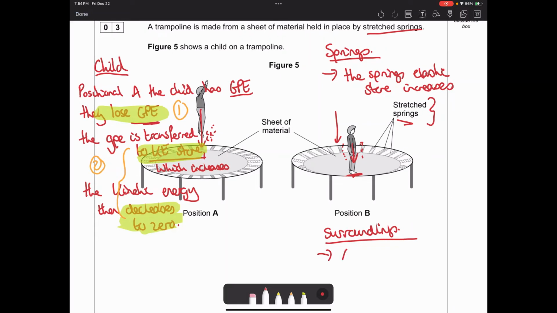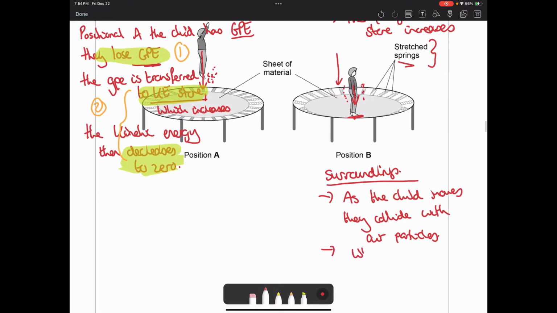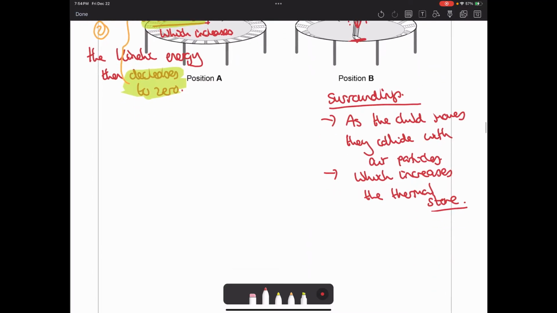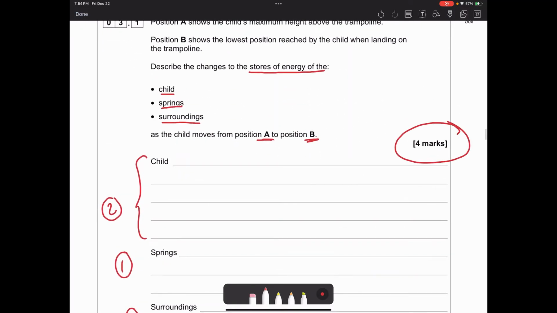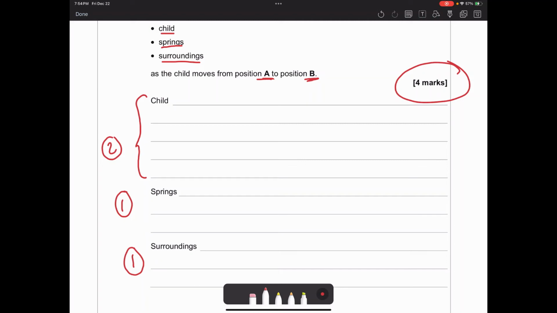So I would then say surroundings, as the child moves, they collide with air particles, which increases the thermal store. Now it would be a very small, negligible amount, but that energy being transferred to the surroundings would still be happening. So that would give you your 4 marks there for the child, the springs and the surroundings.